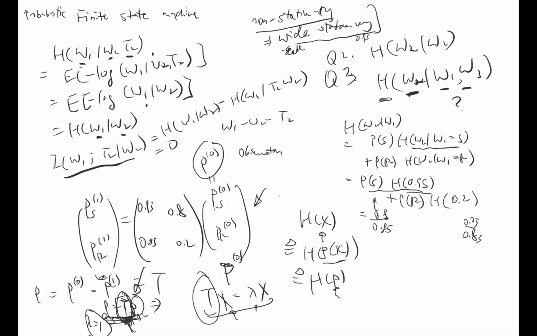Professor, I have a question. Yes. So when you took H of W2 given W1 is equal to sunny, you only took H of 0.95. But then there was also a 0.05 chance of, for example, rainy given sunny. Yes, this is just a convenient notation, because when we write H 0.95 here, it actually means something like H 0.95, 0.05.